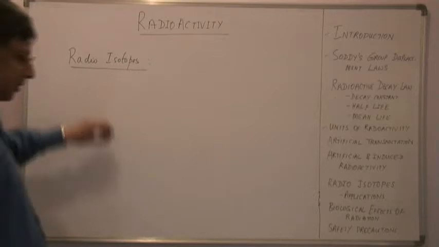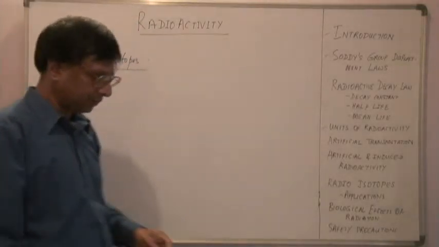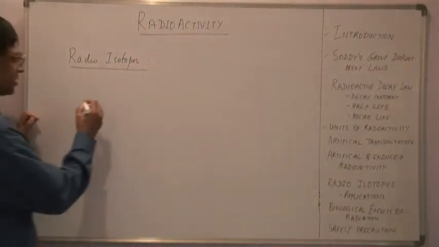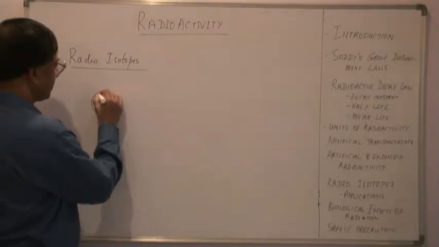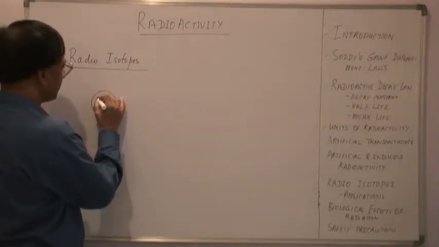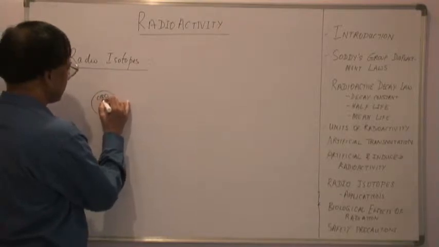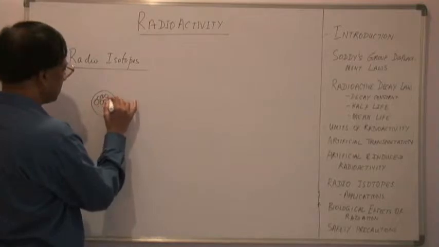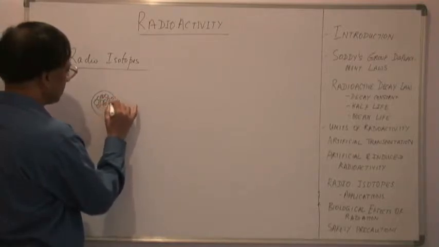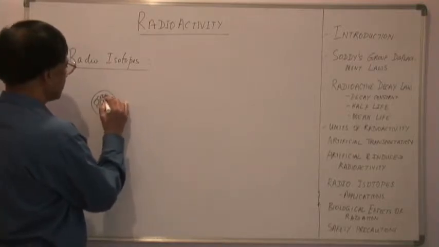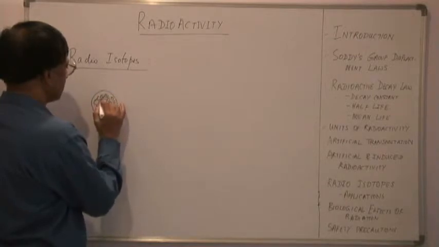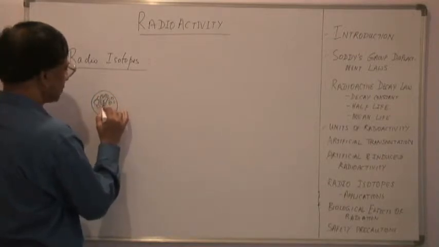Let us now look at the topic of radioisotopes. We know that the nucleus consists of neutrons and protons. These are protons, the other ones are neutrons.